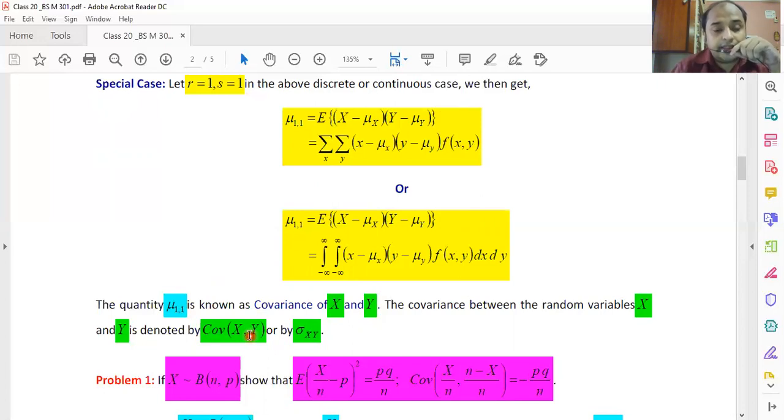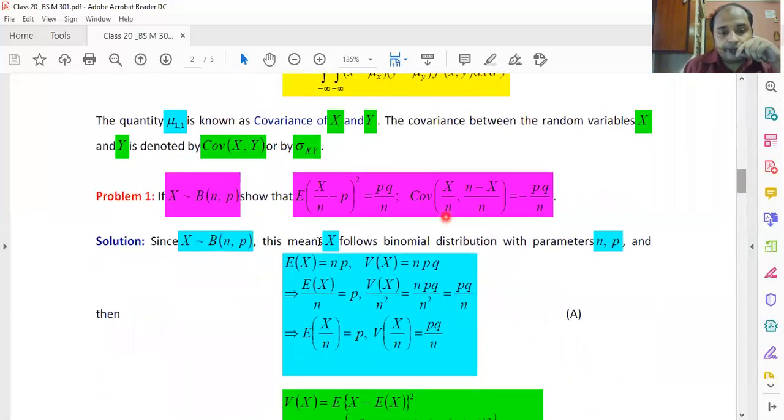They couldn't understand what covariance of capital X comma Y is. So that's why I'm taking today's class; you are probably thinking that you are doing too much mathematics. I'm doing this analysis for the sake of this quantity, covariance X comma Y, and when I start the correlation coefficient in my next class, you will understand the relevance of today's class.